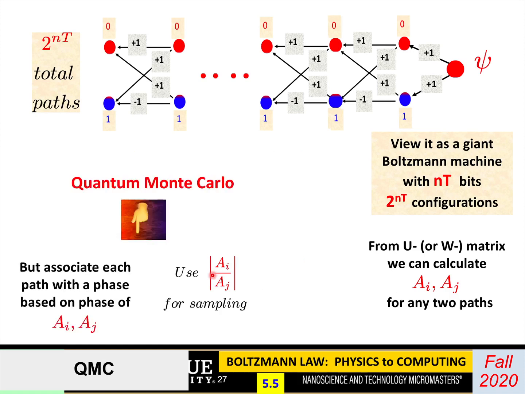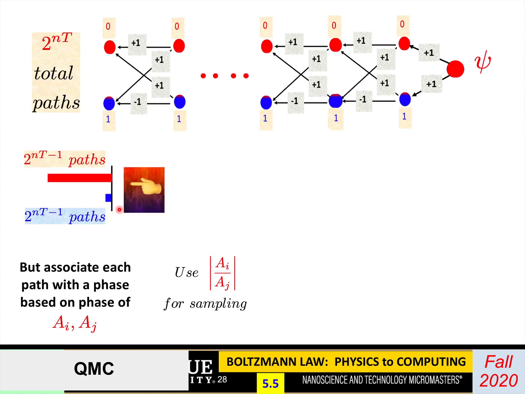But because these are complex, when adding up the different paths, you don't add them up like, okay, I got one sample here, one sample, and add them up 1 plus 1 plus 1. You add up complex numbers, because every path has an associated complex number with it. So that's what you add up. That's the phase of these different paths. And that's the essence of this method of quantum Monte Carlo, where people use sampling techniques to solve quantum problems.